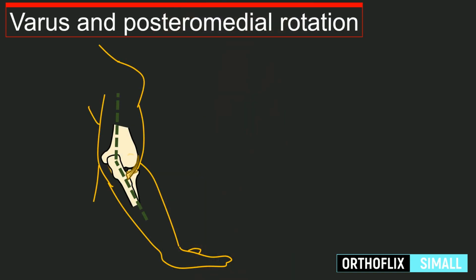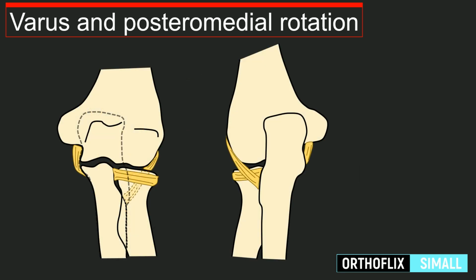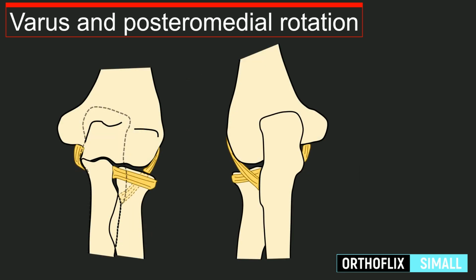And varus and posteromedial rotation is a bit more complex. There's varus, axial load, and posteromedial rotation of the forearm. So what happens here is as the elbow goes into varus, there's an impaction of the medial facet of the coronoid process against the trochlea.